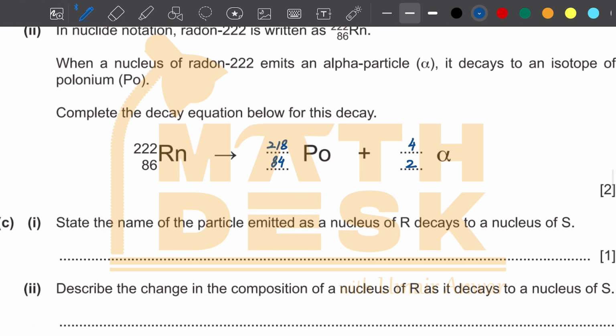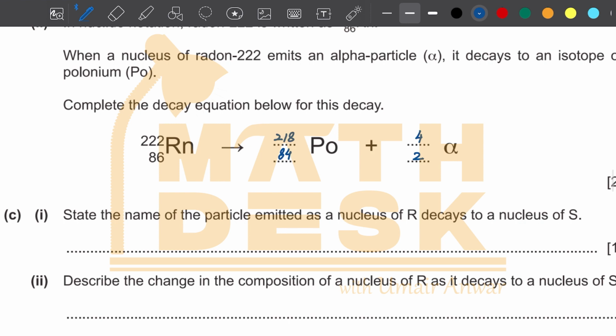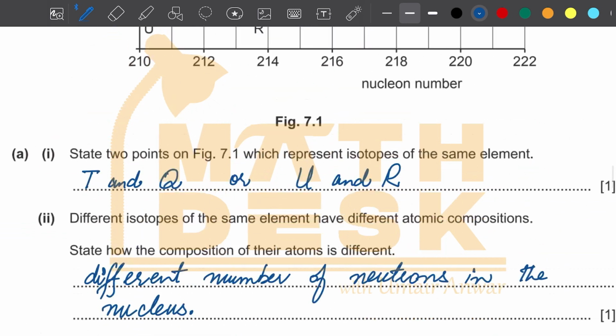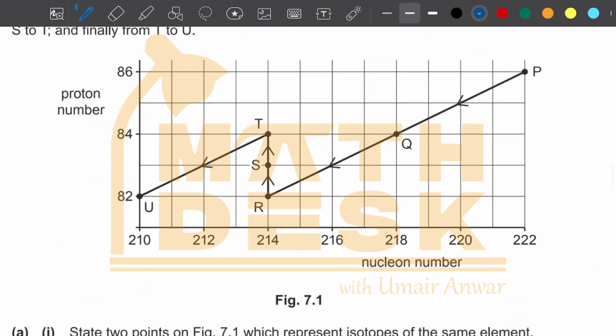State the number of particles emitted as a nucleus of R decays to a nucleus of S. So R and S. R has a proton number of 82, S has a proton number of 83 over here. And secondly, both have the same nucleon number. So this happens when a beta particle is emitted.